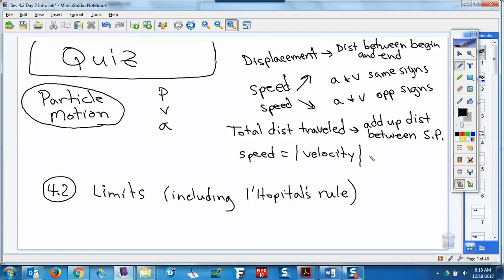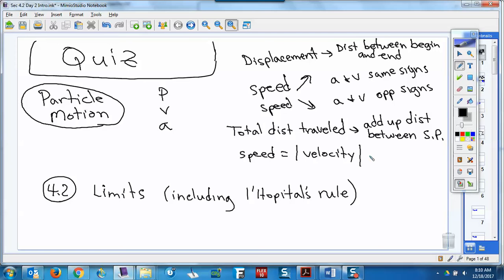If acceleration and velocity have the same sign, then the speed is increasing, so these two columns both have to be positive. If the speed is decreasing, if it's slowing down, which is sometimes how the question is asked, is it speeding up or slowing down, then acceleration and velocity have opposite signs. So those are some things we added into the mix, besides the chart, for these particle motion problems.